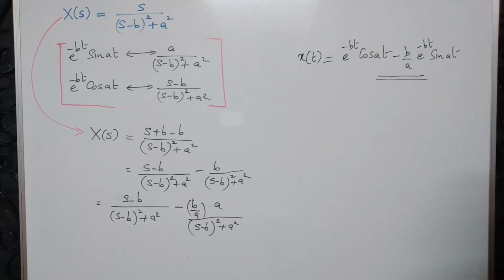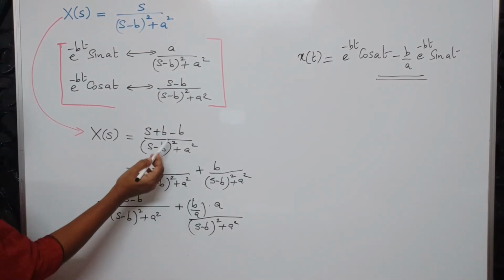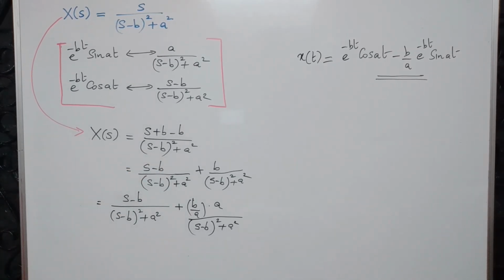So this is the answer. Okay, here it is plus b, sorry. S minus b is taken here, so plus b. In the final result also it is plus b.